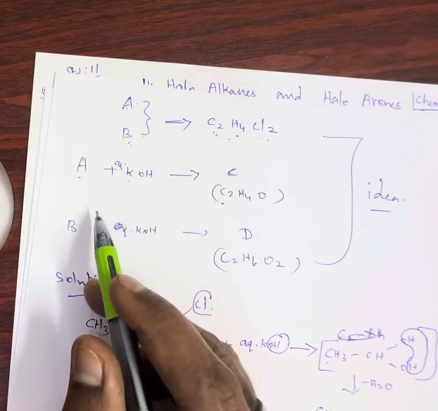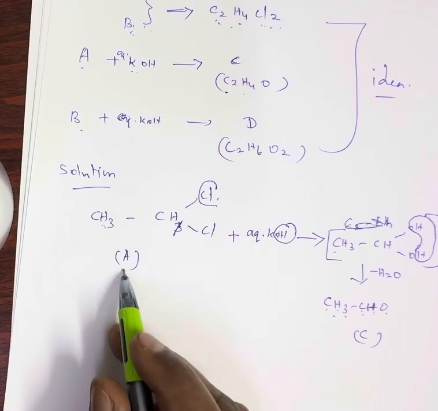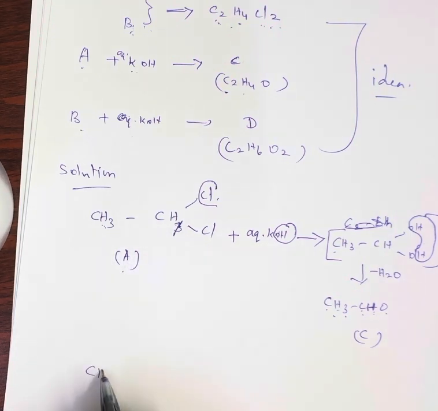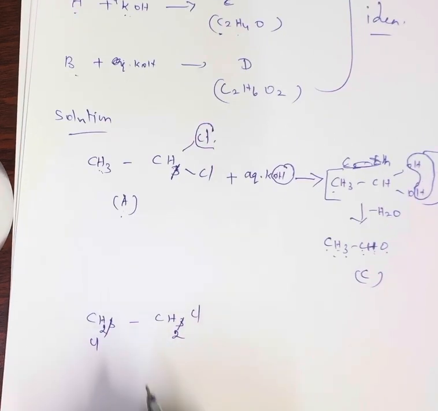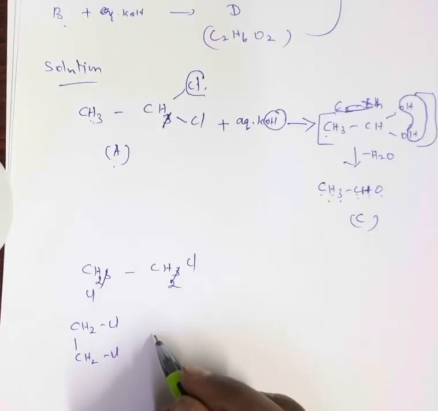Next we find B. B is also an isomer of A. So now we can write CH3, CH3. Now we substitute one chlorine on each carbon, so it becomes CH2Cl, CH2Cl.